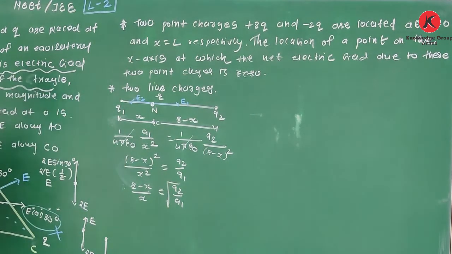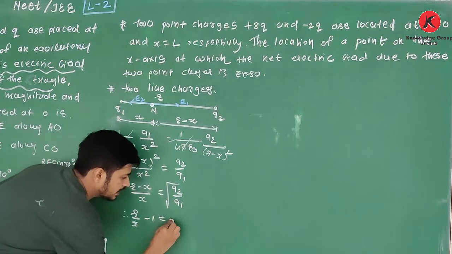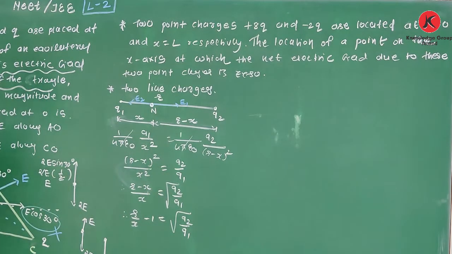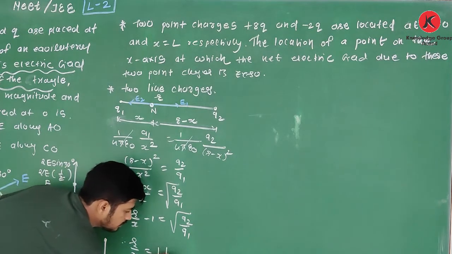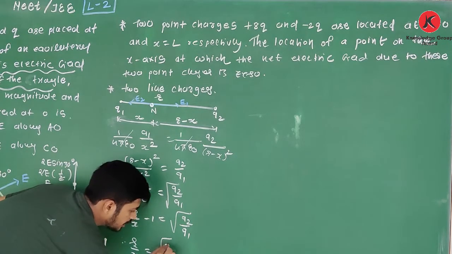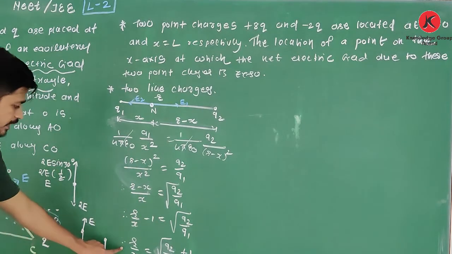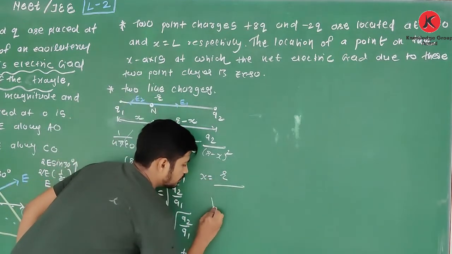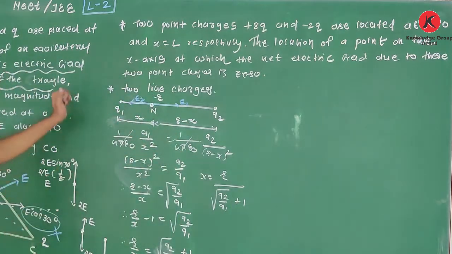So R upon x minus 1 is the square root of Q2 upon Q1. Therefore R upon x is equal to 1 plus the square root of Q2 upon Q1. So x is equal to R upon (square root of Q2 upon Q1, plus 1).